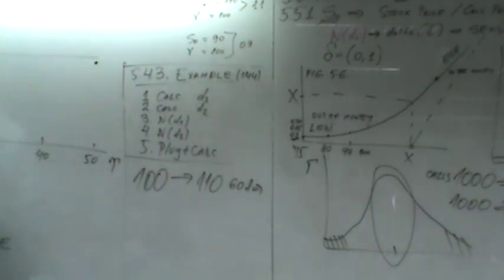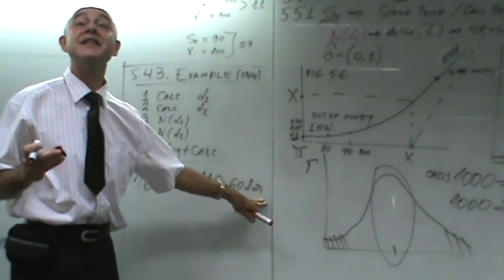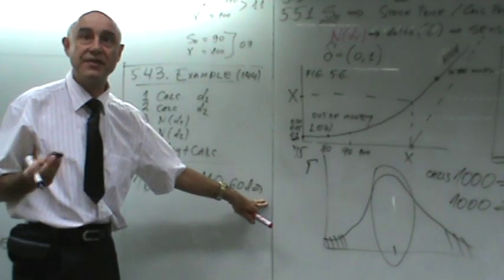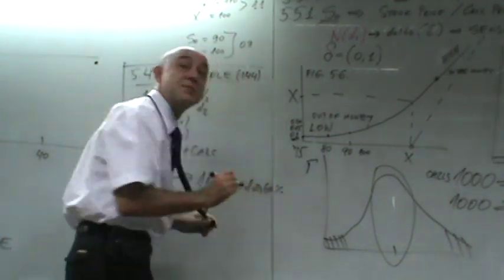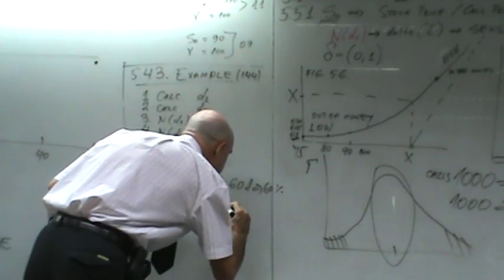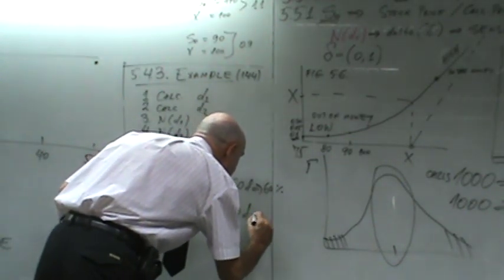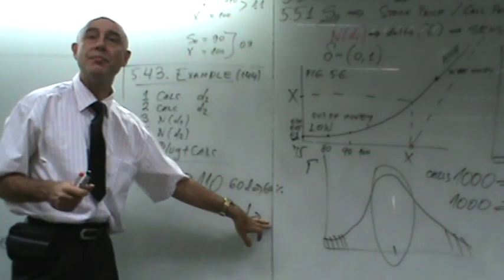What's the probability of ending in the money? Well, it could be like 60% for 60 days. If it's 30 days, is the probability going to go up or down?